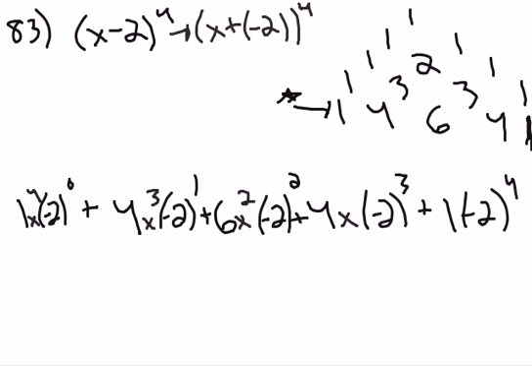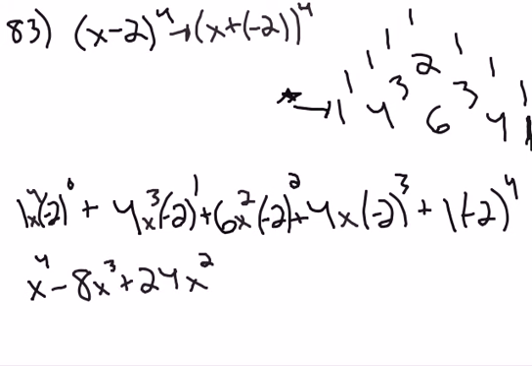So all of this becomes, if you evaluate the first one, you get x to the 4th, because -2 to the 0 is 1, 1 times 1 is 1, okay? Here I have -2 to the 1st, which is -2, times 4 is -8, so I'm left with minus 8x cubed. The next one, -2 quantity squared is 4. 4 times 6 is 24.